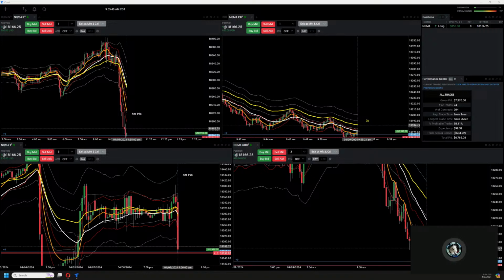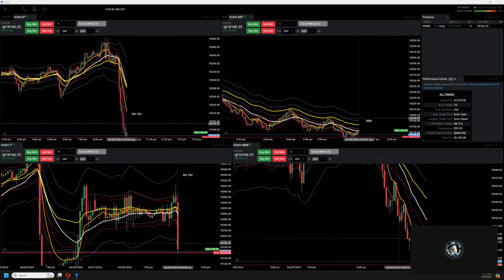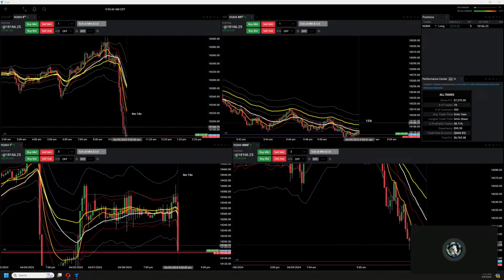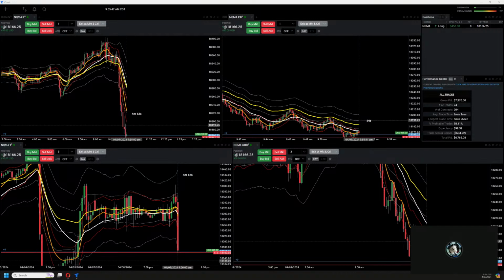So our next target area is right around 182.75. That's a test of the previous chart 1 level.